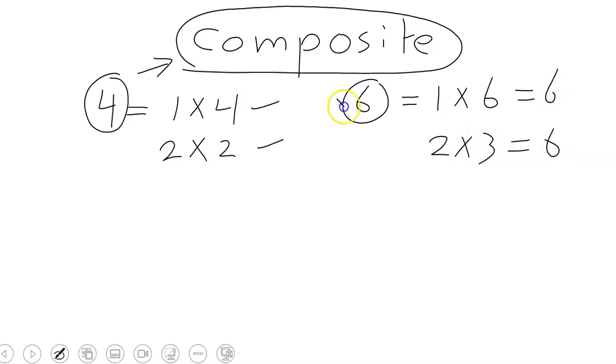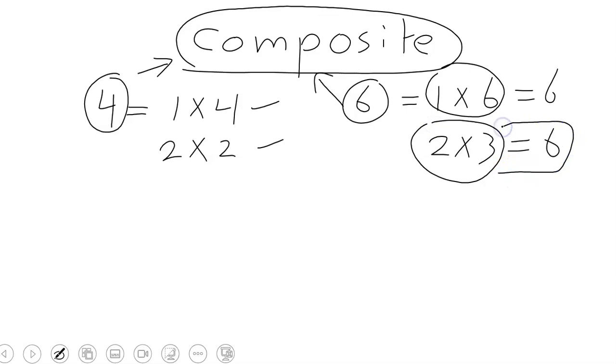See, so it is a composite number، عدد مركب، لأنه أقدر أعمل جمل ضرب أكثر من واحدة لصنع هذا الرقم غير الواحد والرقم نفسه. See؟ هنا في مجموعة أخرى من العوامل لصنع الرقم 6. Let us try 8.